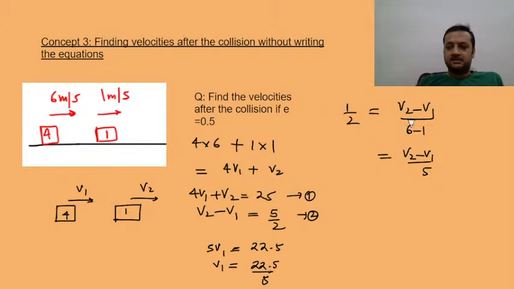This comes out to be 4.5, I am assuming. So v1 is 4.5. So what is v2? v2 will come out to be 4.5 plus 2.5. That means 7. So velocities of both the blocks we have found out very easily after the collision, writing two equations.